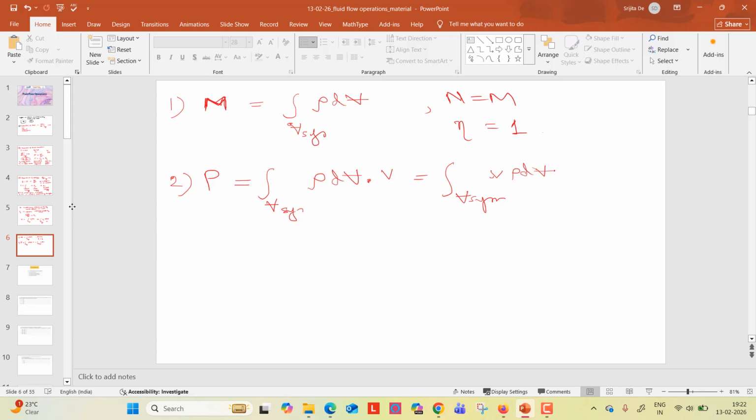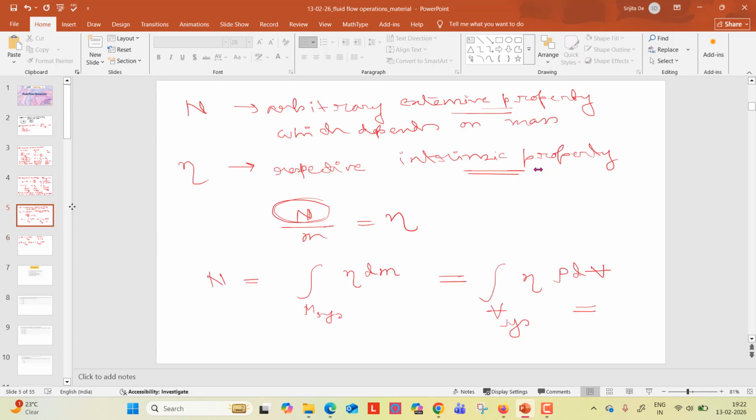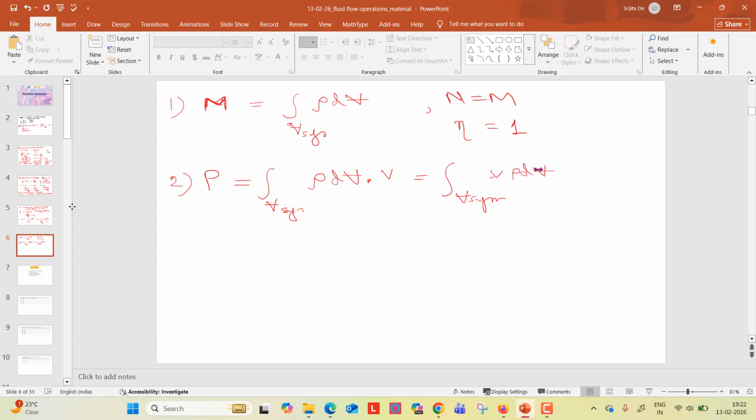So if you compare, here rho dV is the same, and eta is your v. So now if N is the linear momentum, then eta is your v, that is velocity. It will be much easier for you to remember, right?